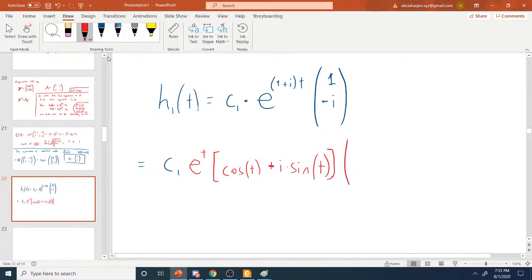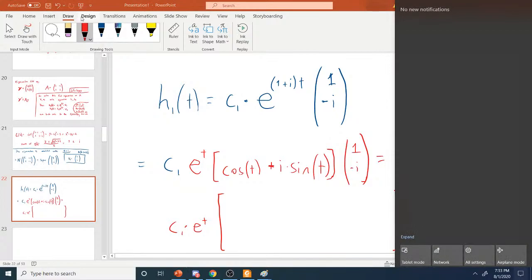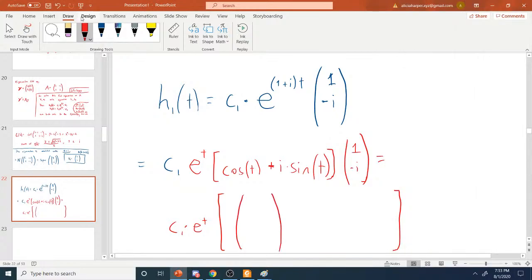And then this is getting multiplied through by the vector 1, negative i, which is going to be, let's see, c1 times e to the t. And then I'm going to have two different vectors here. One vector is going to be multiplied by the imaginary number, and the other vector will not be.